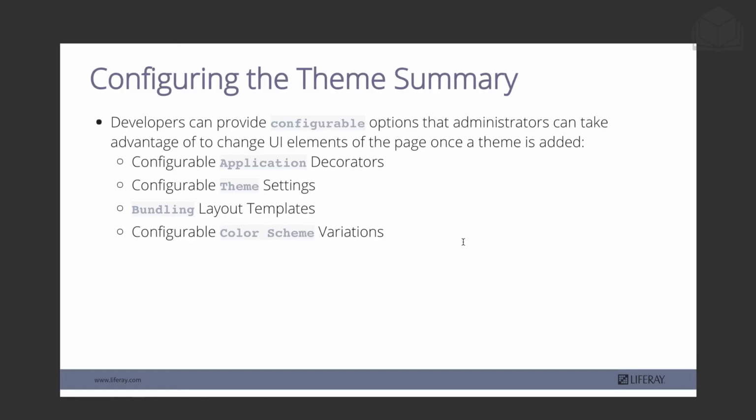So just to recap, in the Liferay look and feel.xml, we have the ability to add some settings or configurations. We can add theme settings, portlet decorators, or application decorators, which is what they were formerly known as. We can add color schemes, and we can also add layout templates. We can bundle those in.